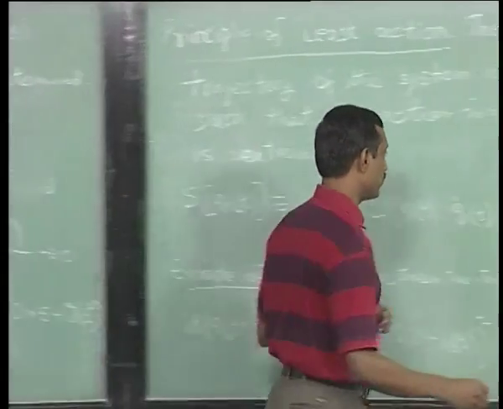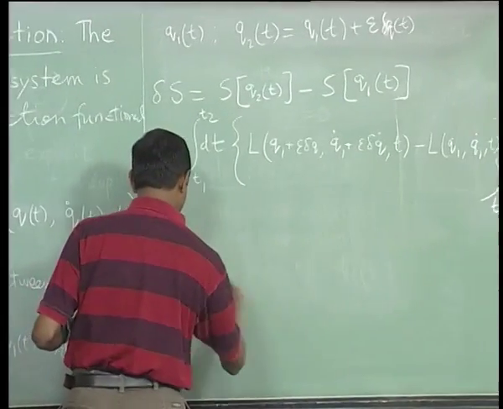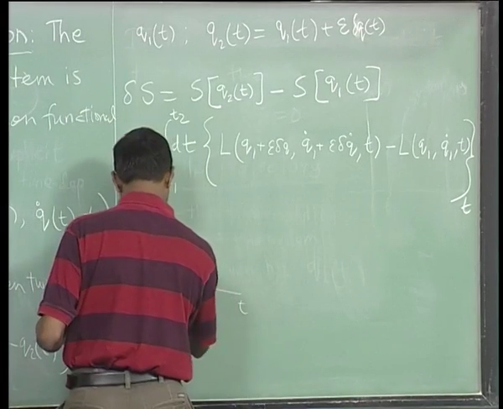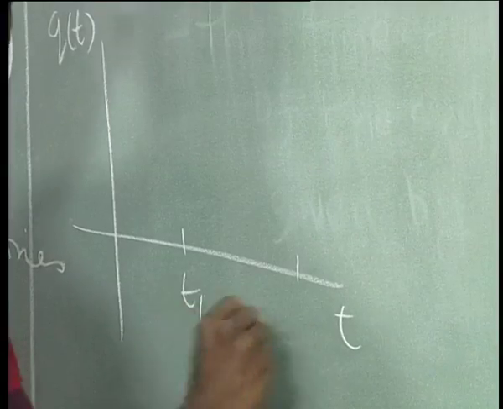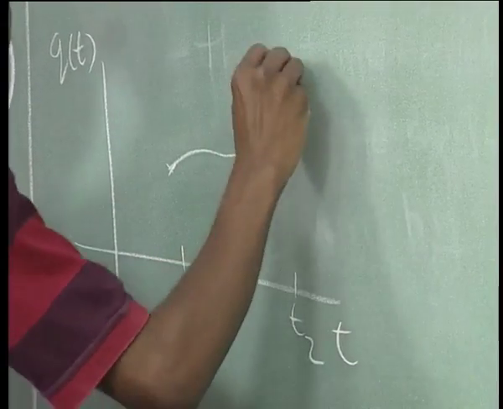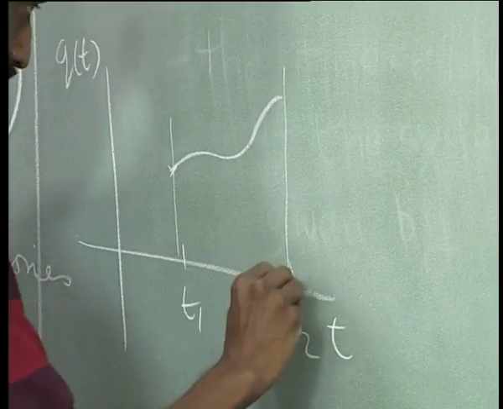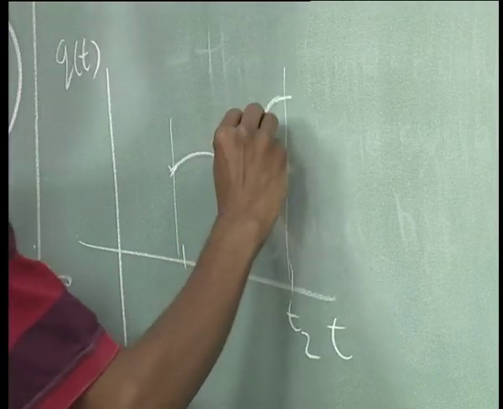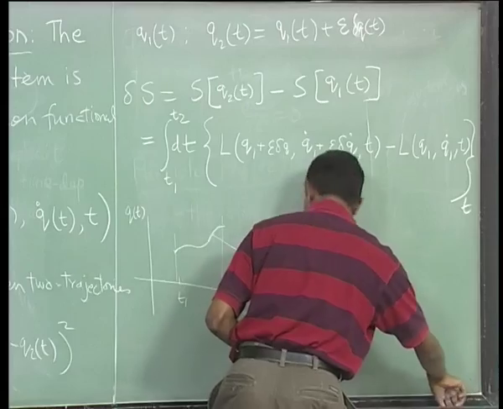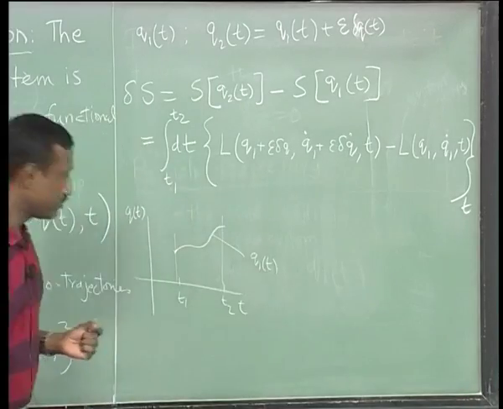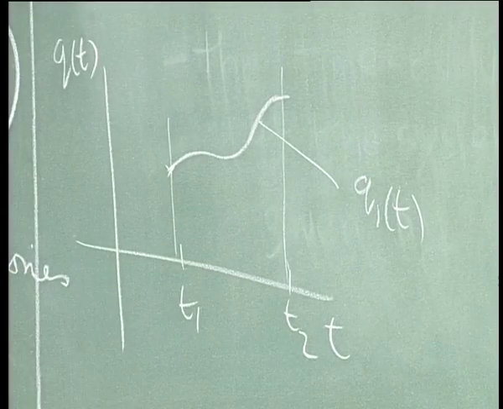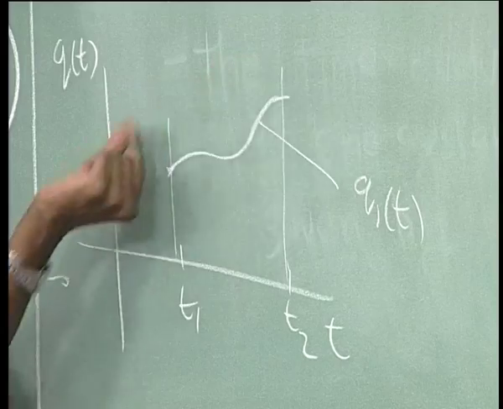because I could do the following thing. Coming back to this picture, let us say this is the trajectory q1 of t, and I want to do q2 of t. I could make q2 different only in two different neighborhoods.